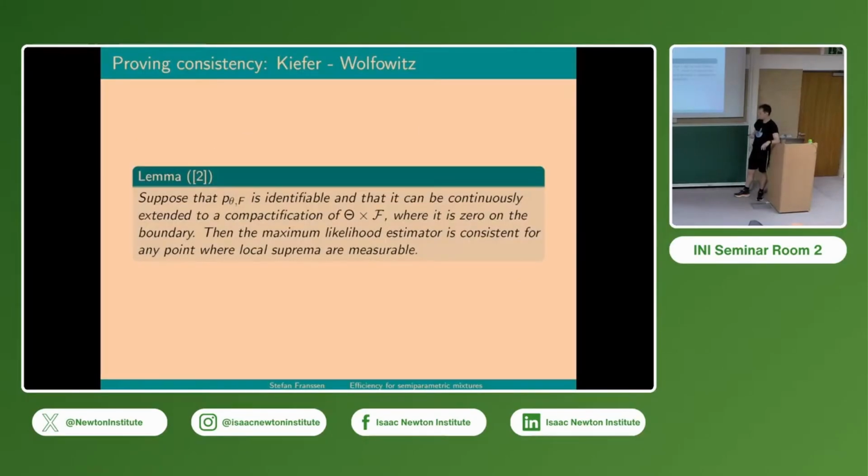To prove consistency, you have to look at what's called the non-parametric maximum likelihood estimator. So what we will do is we try to maximize the likelihood, not of the latent variables as parameters, but we try to maximize the likelihood of the distribution that these parameters follow.